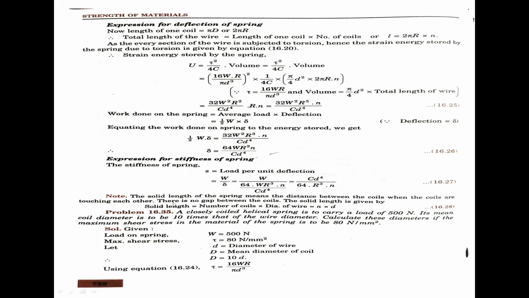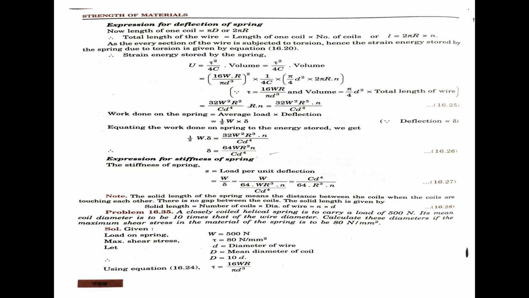Now, the solid length of the spring means the distance between the coils when the coils are touching each other. There is no gap between the coils. The solid length is given by the number of coils into the diameter of the wire, that equals n into d. That is equation 16.28.